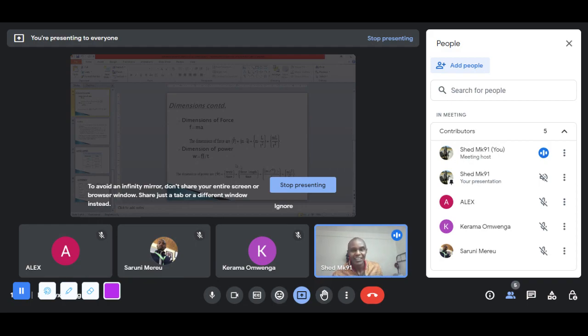So I was giving the example of Newton's second law of motion, which states that force is equal to mass by acceleration. The mass is given as m, while acceleration is simply the rate at which a moving body covers a certain length, over the square of time.